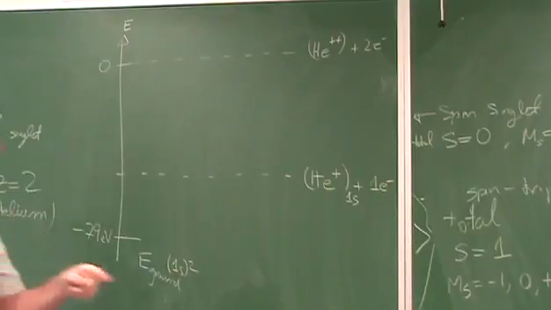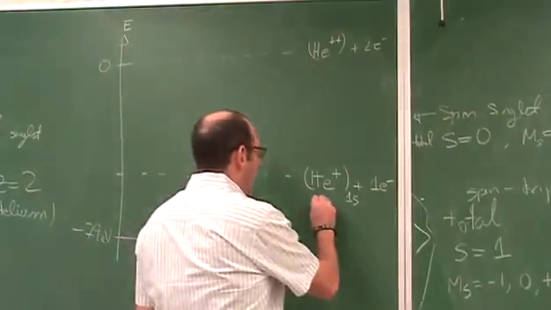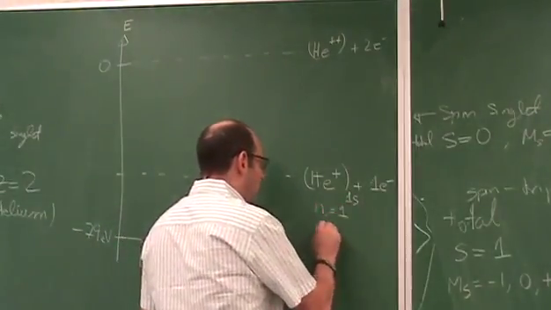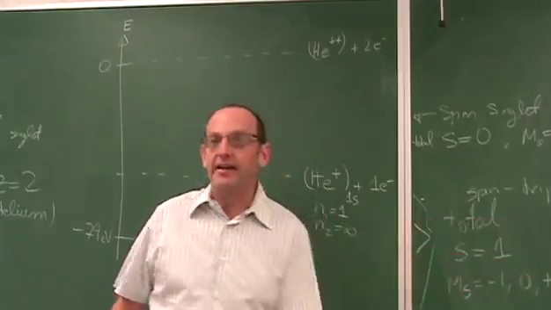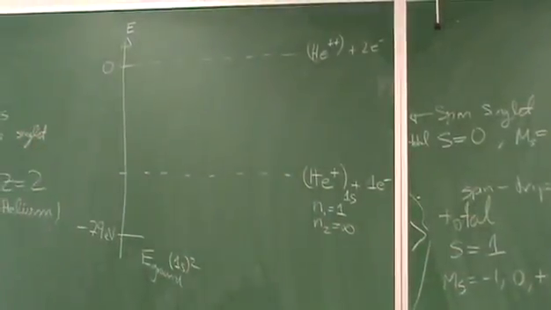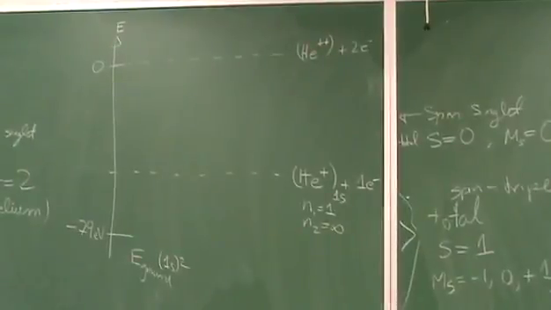So that is the case where n1 is equal to 1 and n2 is equal to infinity, or vice versa. It's the same thing in the picture, right? So what is that energy? That's equal to z squared over 2, which is, for the case of helium, 2.